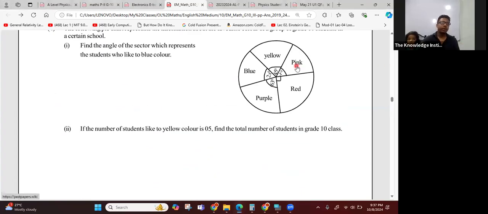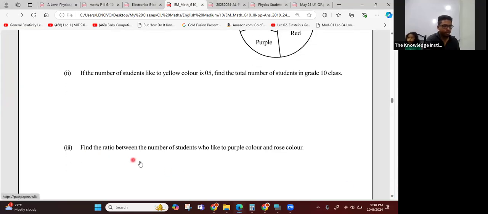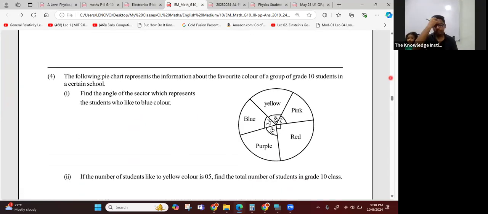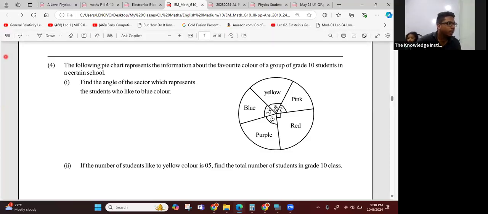So you want to find the ratio between the number of students who like purple and rose. Purple and rose.